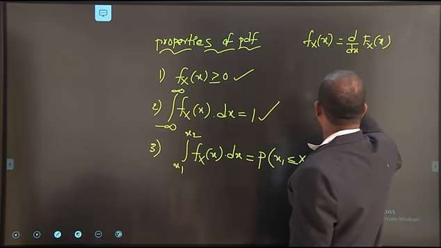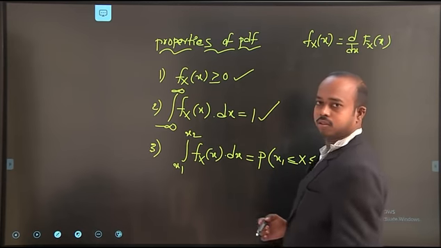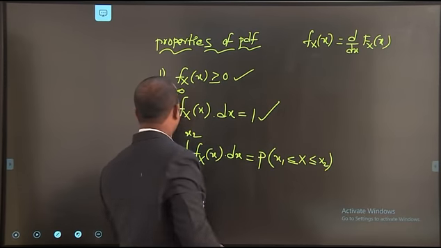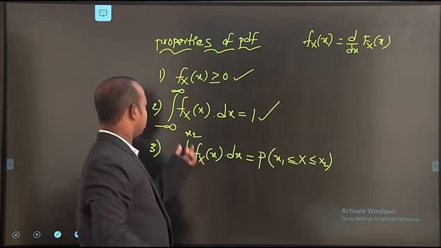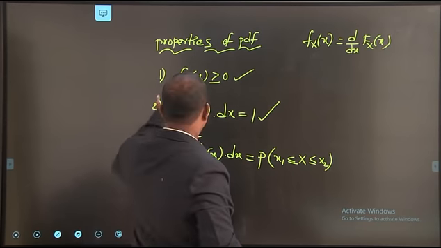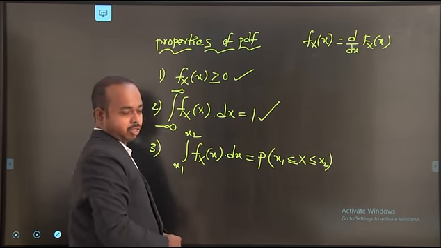What can you do? Here this function is differentiating, but you can obtain this value by taking the function, which is fx of x, and replacing it here. We can substitute the limits.